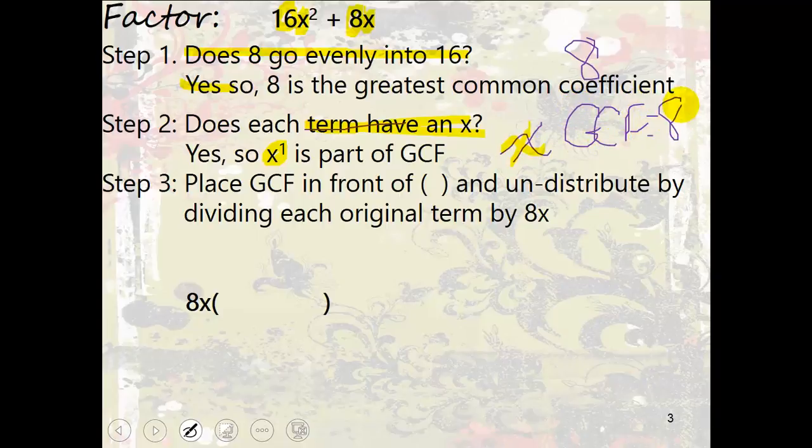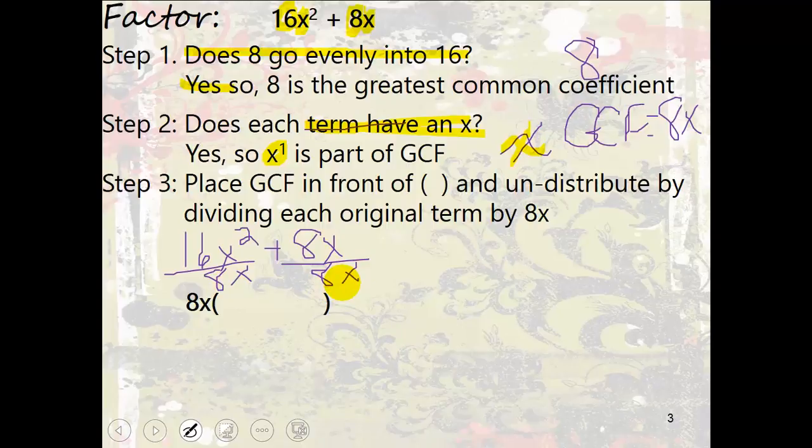And now I'm going to factor it out of 16x squared plus 8x. I'm going to put it in front, and then I'm going to divide each term by 8x, and I'm going to put that division, that remainder, into my parentheses.